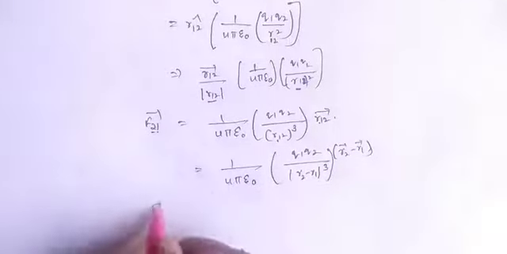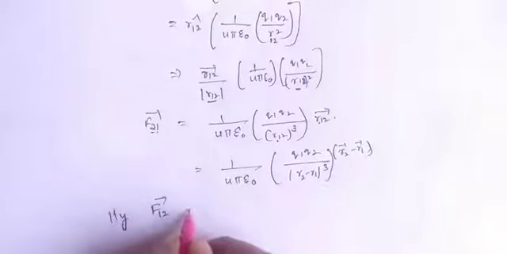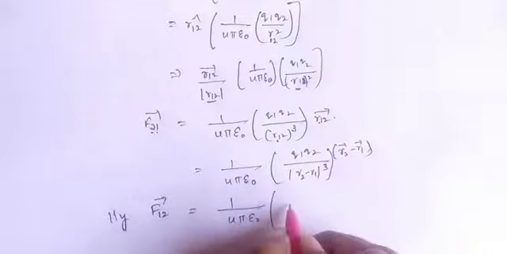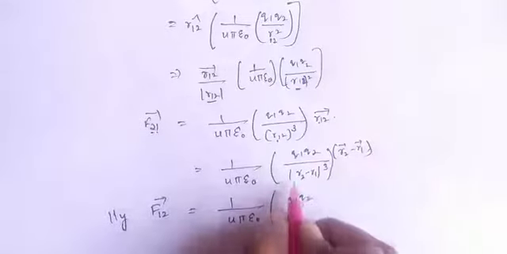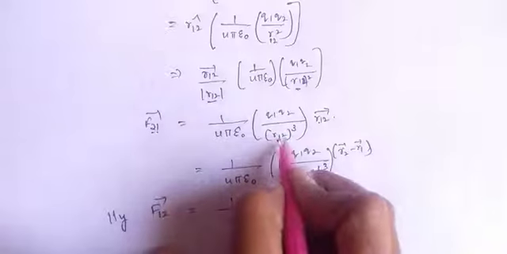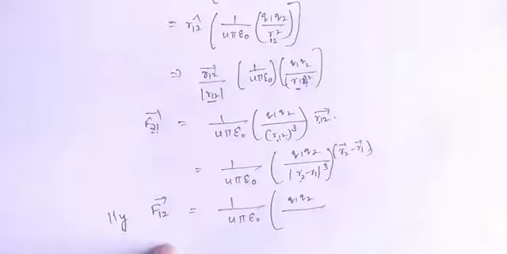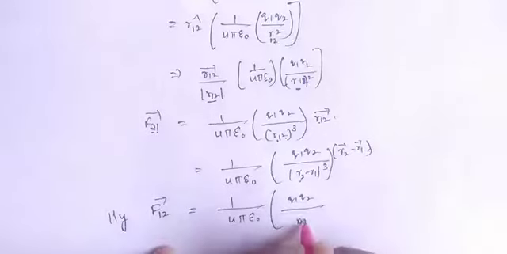Now in a similar way, the force on the first charge due to the second charge can be written as 1 by 4 pi epsilon naught Q1 Q2 by, here we have to write R21. That is the force on the first charge due to the second charge, so that is R21.